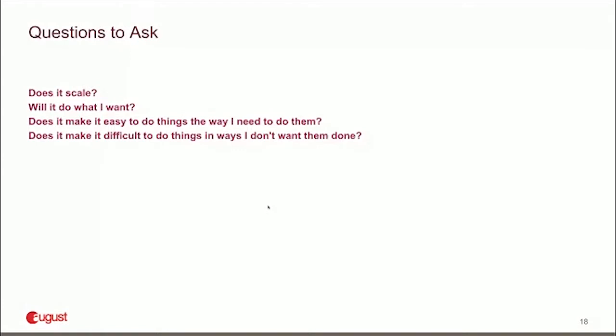So another question to ask when you're looking at a framework is, does it scale? I keep harping on scaling. Will it do what I want? When I started working on things for August, I actually was trying to use Ruby on Rails. And what I found was trying to get Ruby on Rails to make a straight up application programming interface, just an API or REST API, it was clearly possible, but it really felt a lot like trying to put a wagon wheel on a car when you get a flat tire.